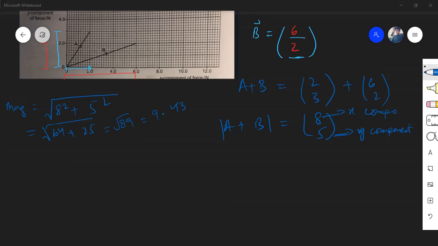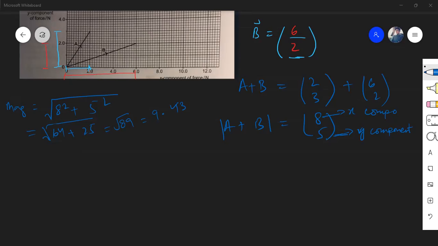Wait, so is the magnitude just the y component squared plus x component squared, or square rooted?